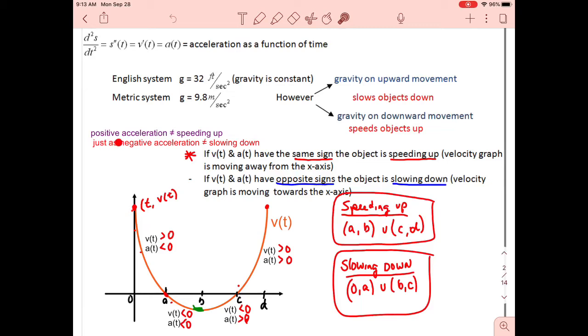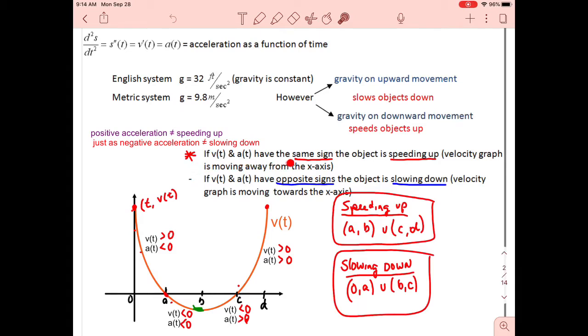One thing I want to make sure you are well aware of is that a lot of people mix up acceleration. They think a positive value for acceleration means you speed up and a negative means you're slowing down. That's not true at all. You have to wipe that out of your head. So let's talk about what is true.